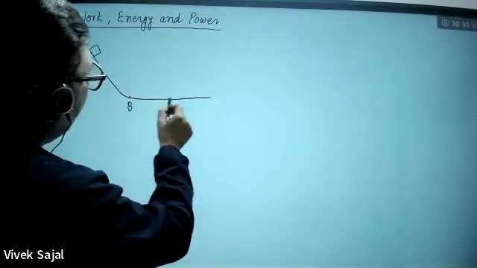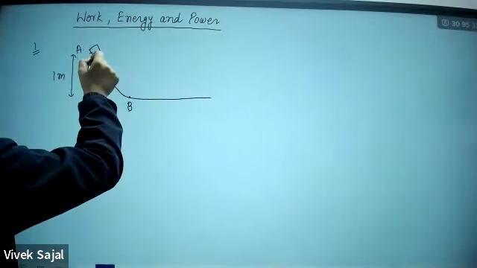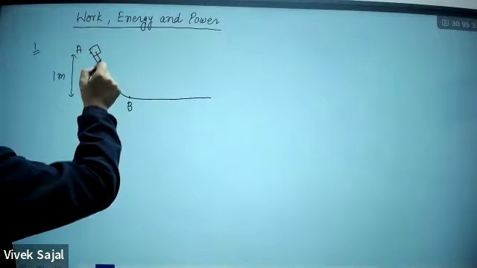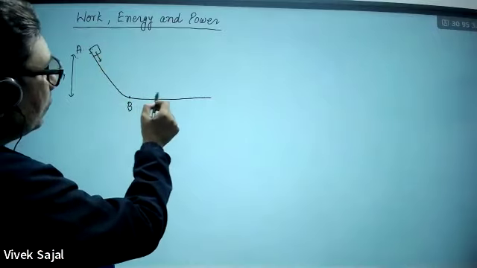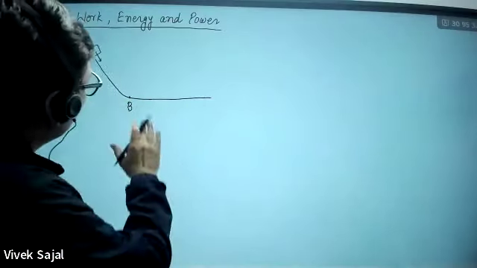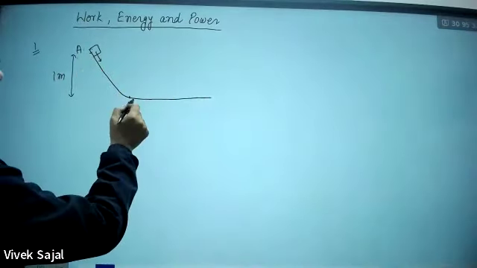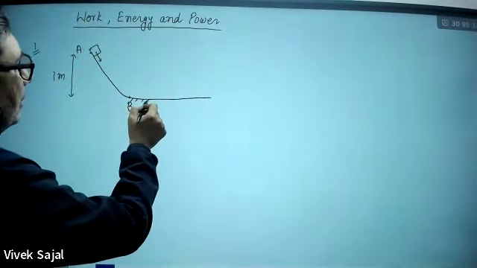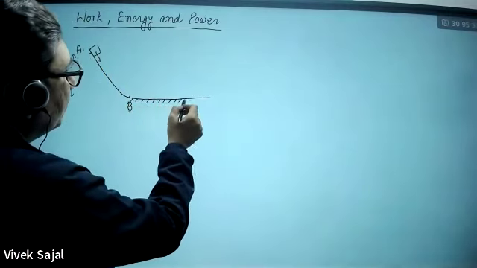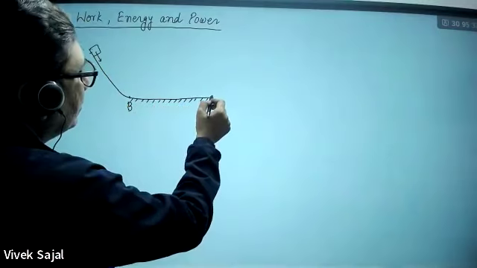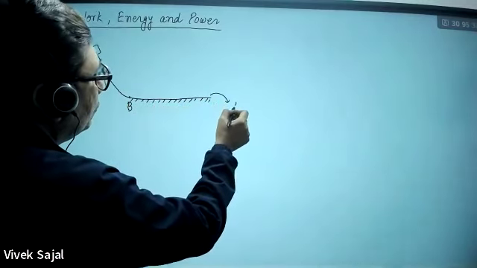When the block moves, it will move like this, and then it will move on the horizontal surface. This horizontal surface is rough. This part is smooth, and this is the rough surface, and they have given us a coefficient of friction mu.